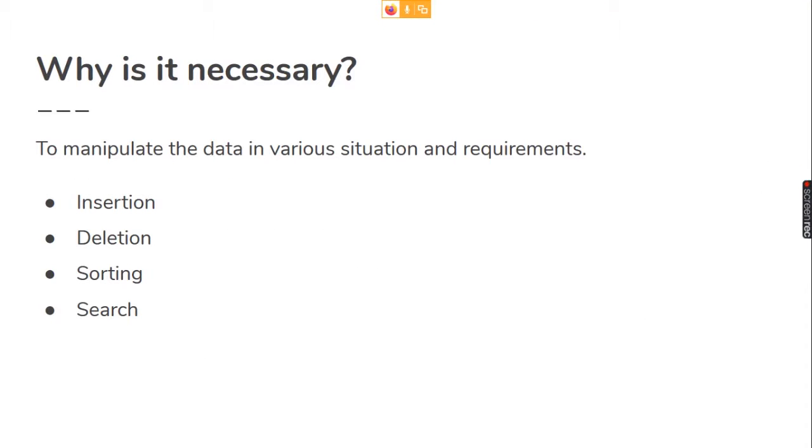So why is it necessary? Obviously, as I repeatedly said, we need to manipulate the data. So what are the manipulation operations available in our programs? It's completely unrelated to any specific programming language, as data structure is completely concept oriented.